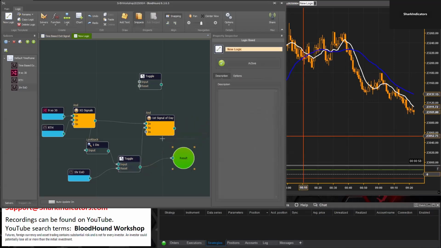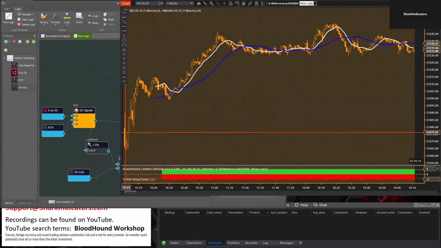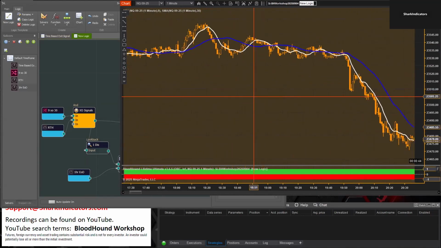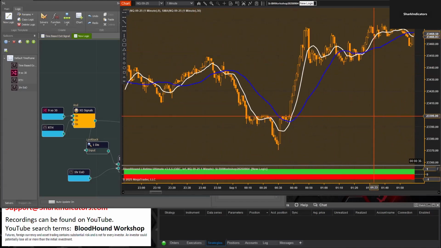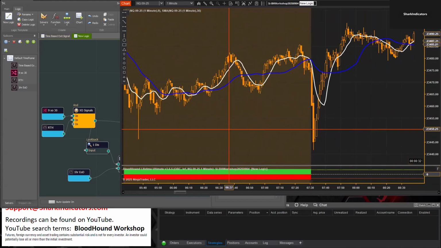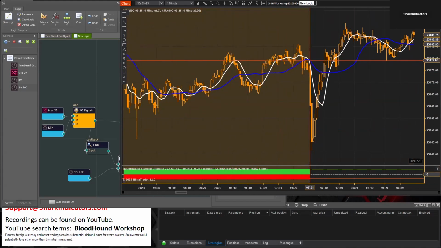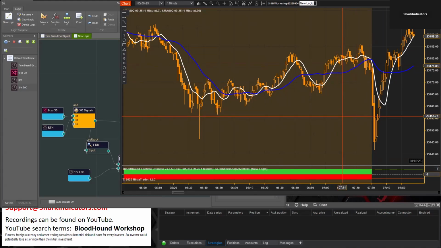So let's go back to the beginning of the chart here, right? So as soon as the first bar appears on the chart, our toggle node is on, right? And so it's on during the overnight session, right? It's on, right, until that first crossover signal occurs, and then the toggle node turns off, right?